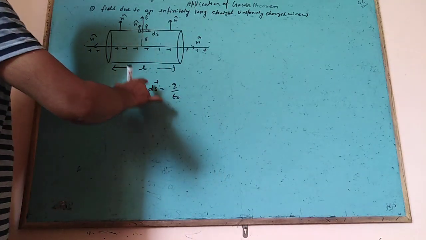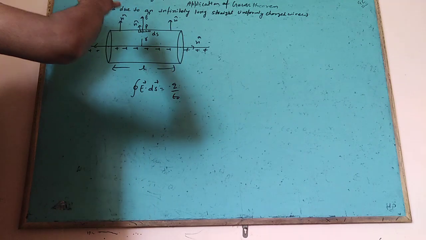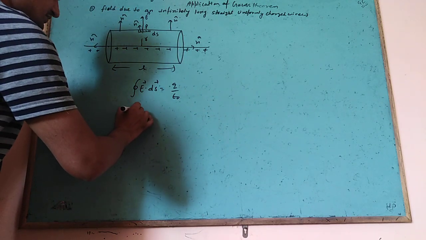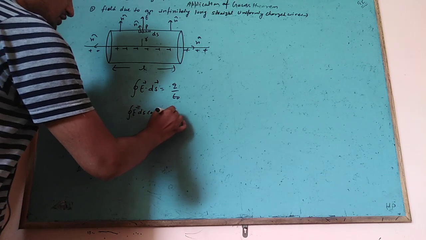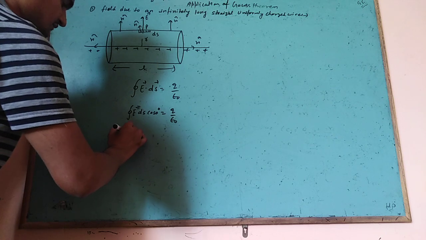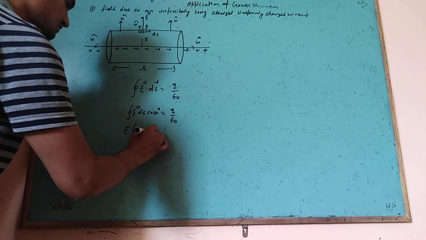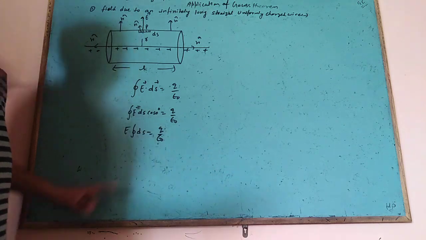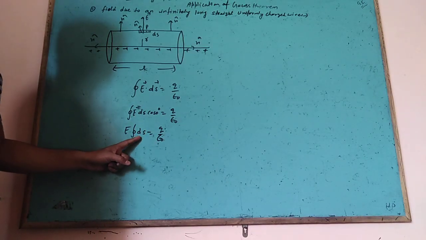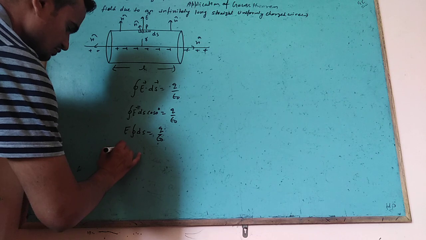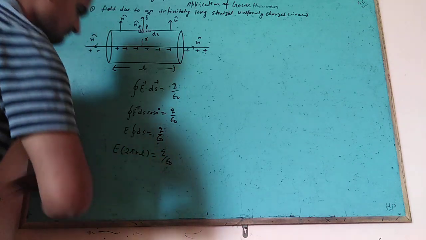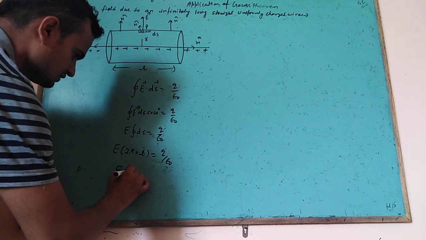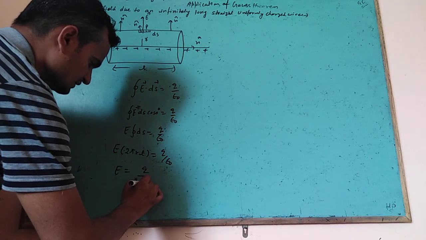E vector and dS vector also lie in the same direction, making an angle of 0 degree, where the surface integral E dS cos 0 equals q upon epsilon naught, cos 0 is always 1, so E times the surface integral dS equals q upon epsilon naught, where dS is the surface area of the curved surface of the cylinder, 2 pi r l. So E times 2 pi r L equals q upon epsilon naught. Now find the value of E. E is equal to q upon 2 pi epsilon naught r L.